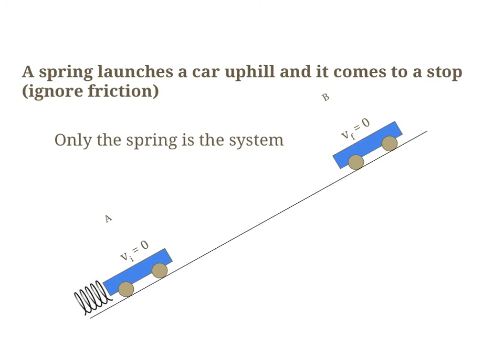Okay, so now I have another example in which the spring is the system and the car is going to be something that we're not concerned about. So in this case, because the spring is the system, I'm only focusing on the spring, and the car actually doesn't matter. So in this particular case, we would say that we have spring energy initially. And after the spring launches, the spring is going to be relaxed, so the spring is going to have no energy.